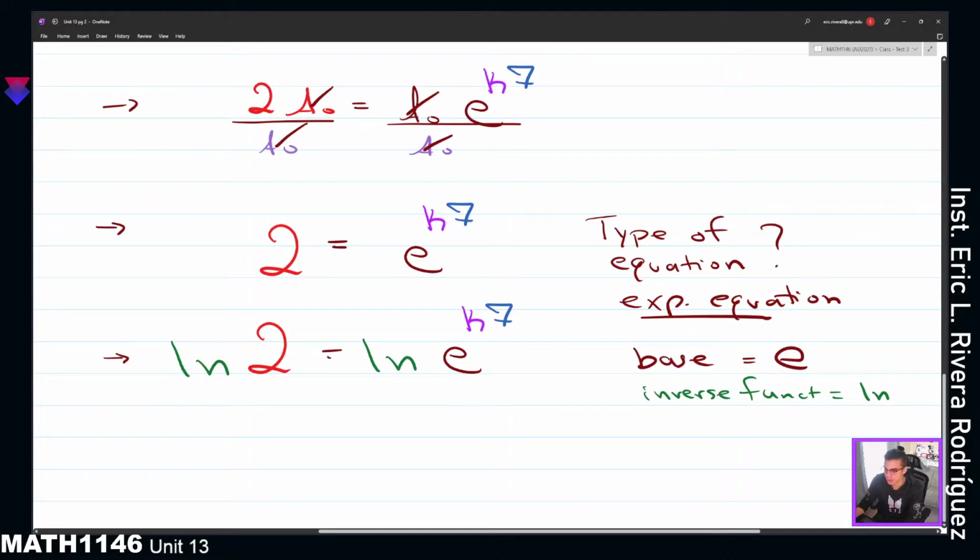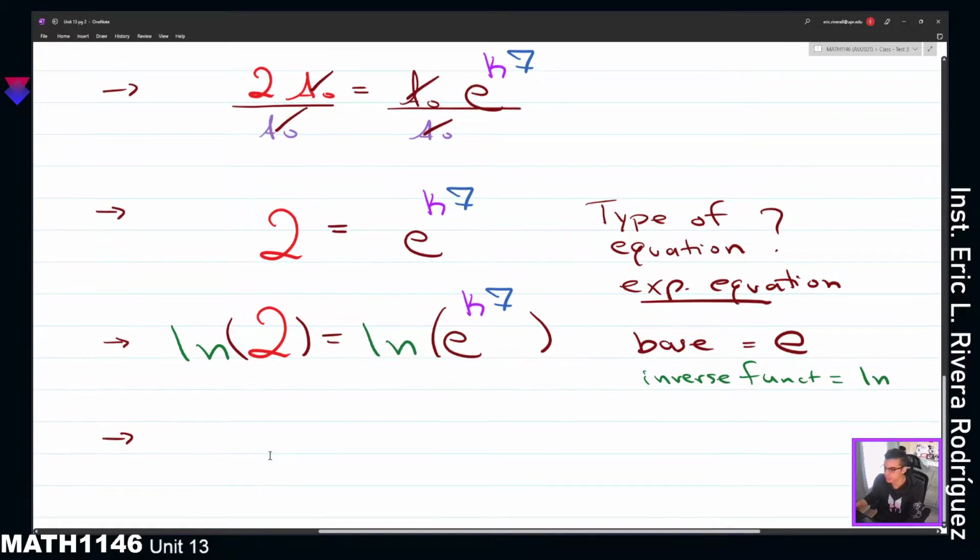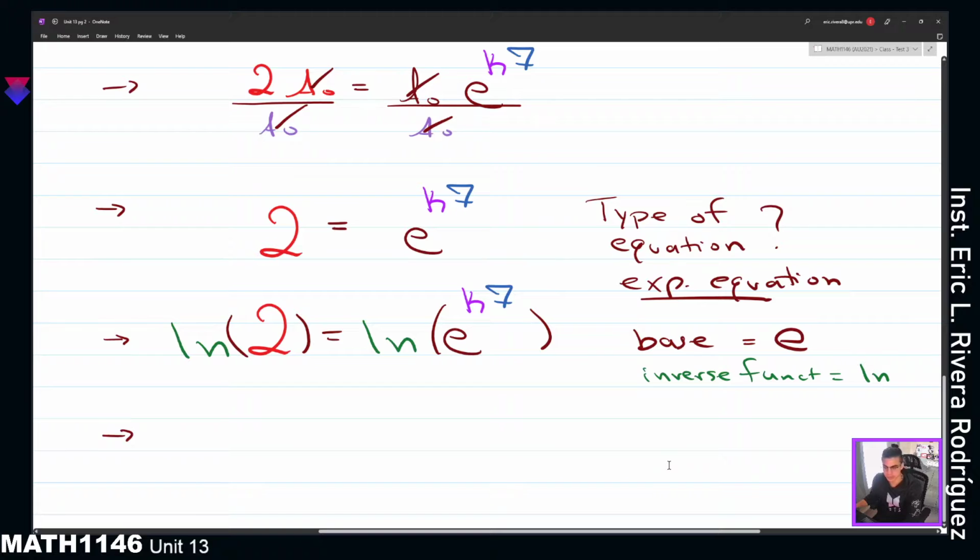Okay, so we use natural log on both sides of the equation, and then we are going to use what happened here. So on the left side, this is natural log of 2. So there is nothing to do there because this is just the representation of that value. By the way, it is an irrational value. But what happened on the right side? What will happen on the right side?